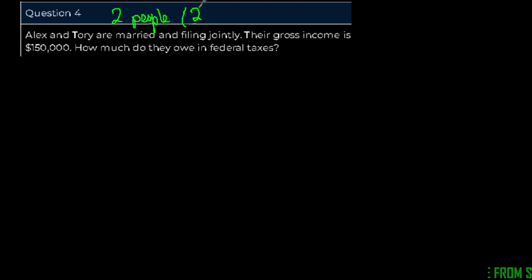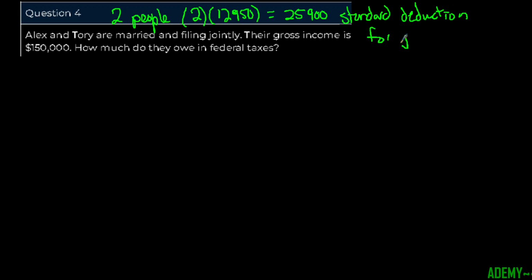I say it's going to be 2 times that 12,950 is going to be equal to the 25,900, because that's going to be standard deduction for joint filing. So it's going to take a couple things here, but we'll get it.